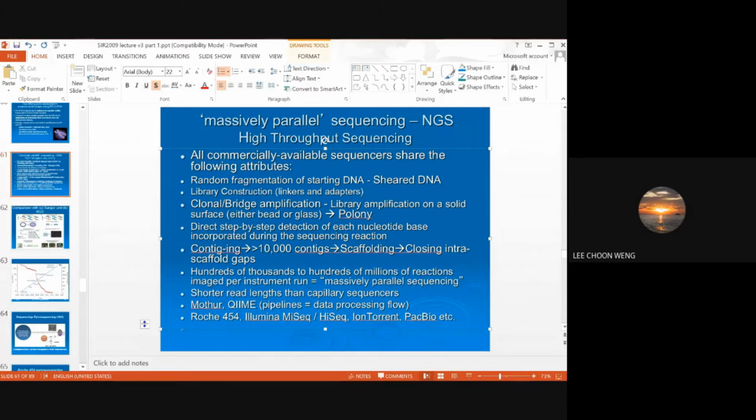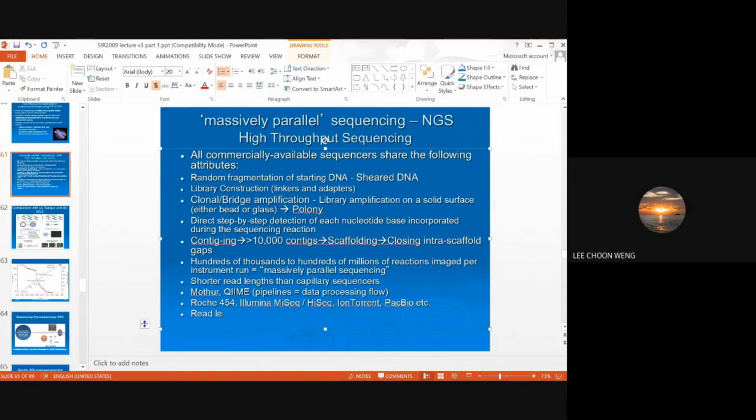they will look at the read length, and then they will look at your error rates, okay, and how good they are at handling certain sequences, okay.